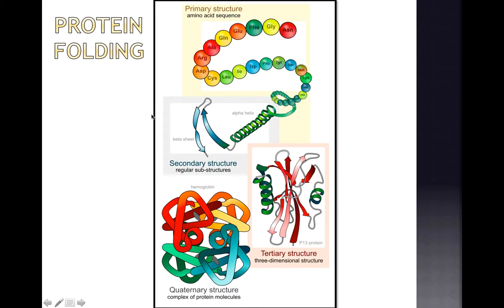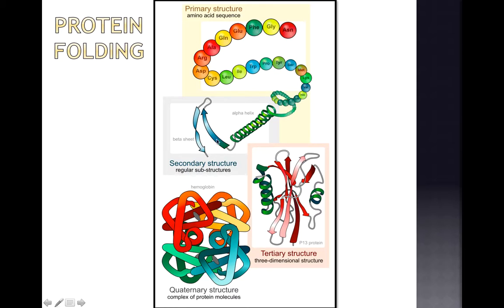Now this peptide chain starts exiting the ribosome and is going to start folding, and we have different structures. The primary structure is just the sequence of amino acids that form the chain.